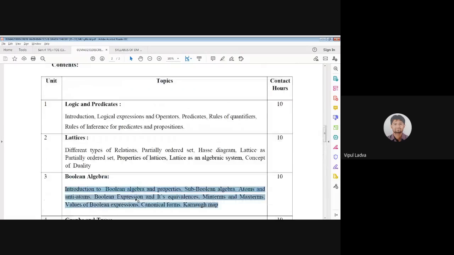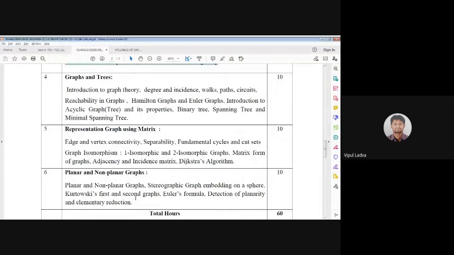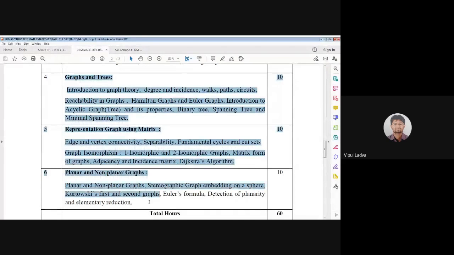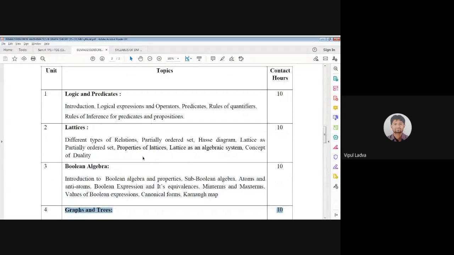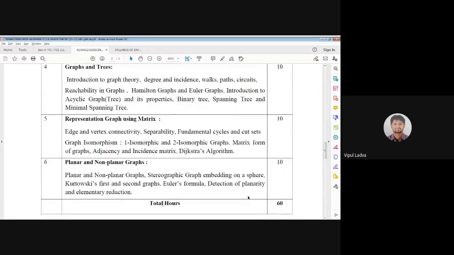पता है आपको, अभी हमने बताया कि the title of this particular syllabus is DMGT, discrete maths and graph theory. So these 3 units belong to graph theory, 4th, 5th and 6th, and the earlier 3 belong to discrete maths. These 3 purely belong to discrete maths, and the last 3 belong to graph theory. जैसे कि पिछले सेमेस्टर में था probability and statistics.